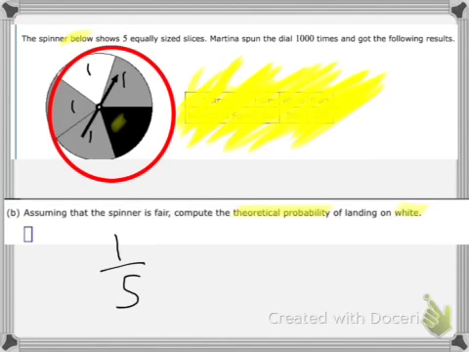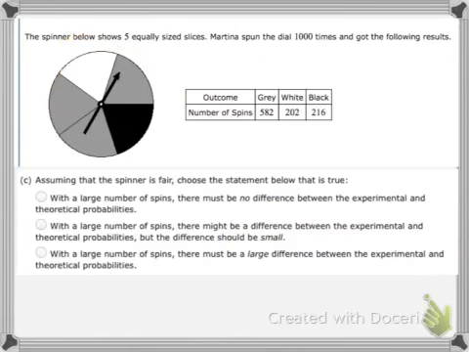And we all know 1 over 5 in decimal form is 0.2. So, the theoretical probability of landing on white is 1 over 5 or 0.2. Those zeros are just placeholders. Now, let's go to the last question.